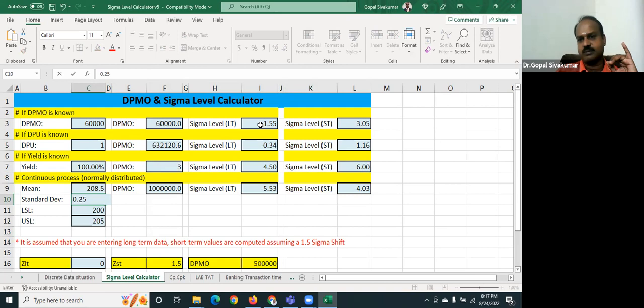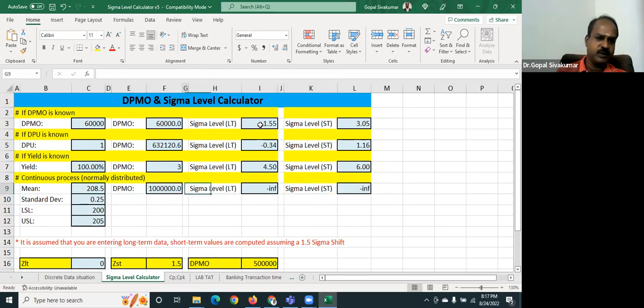I give USL, LSL, process average, process standard deviation. I give enter. Now this is a very poor process, I believe. That's why the sigma levels have become negative, simply because the variation is far too high.